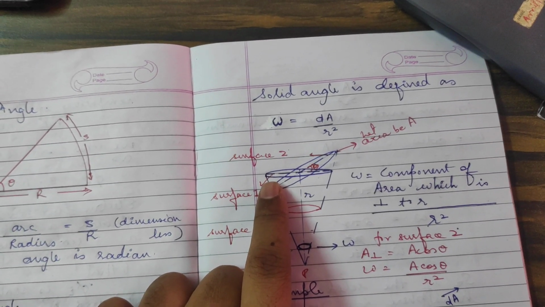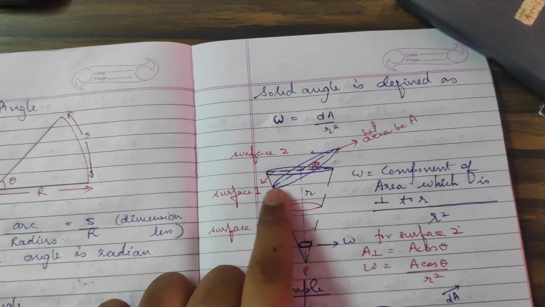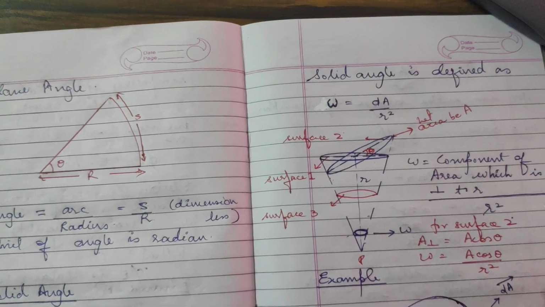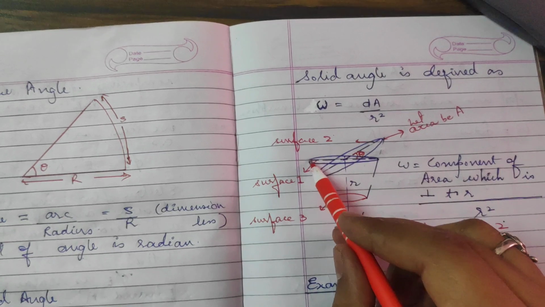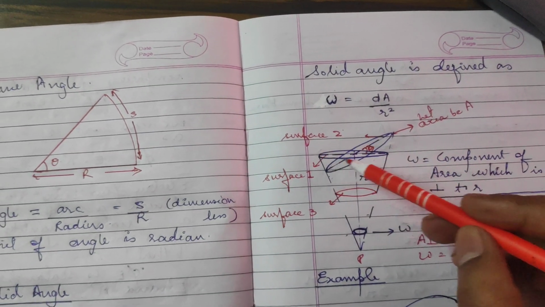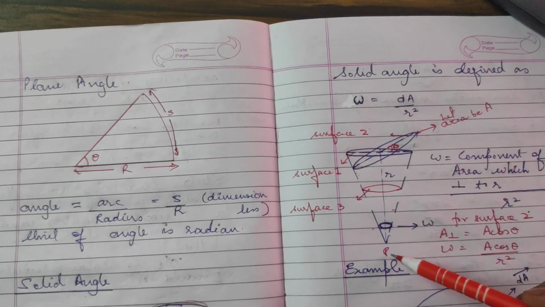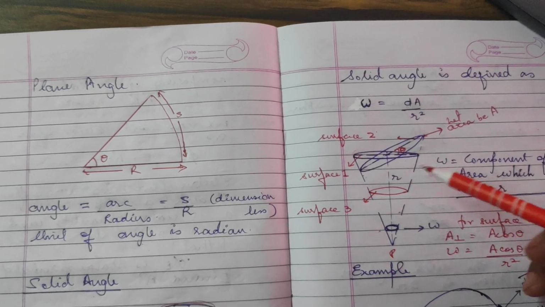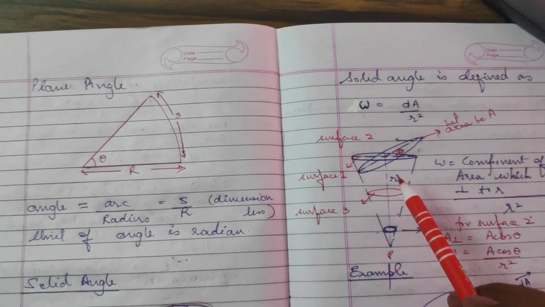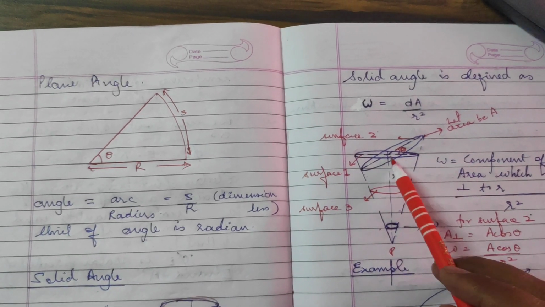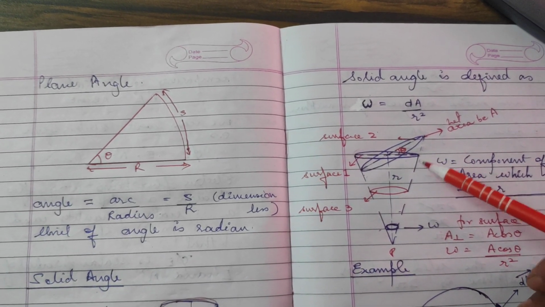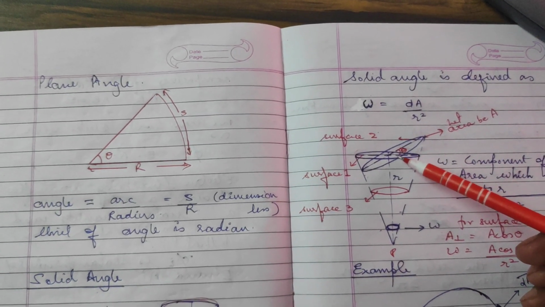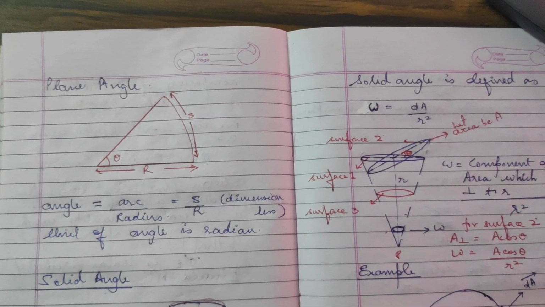Since dA is very small, the distance of all the points at the periphery of surface 1 to point P will be the same, R. So it is defined as the area of the surface subtended at the point to the distance of the surface from the point.